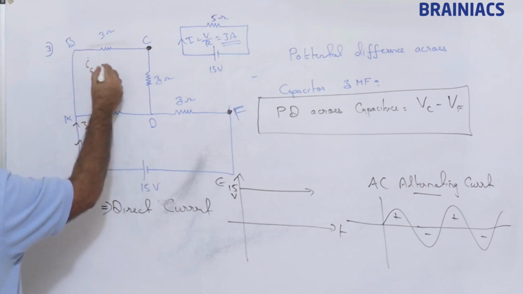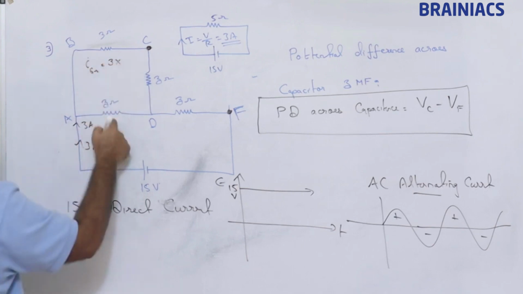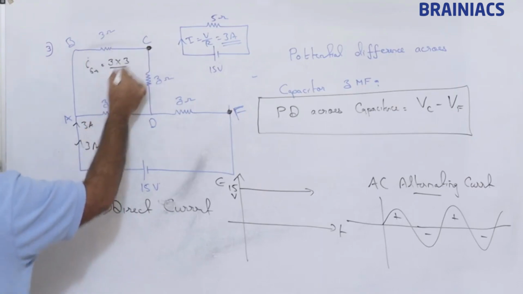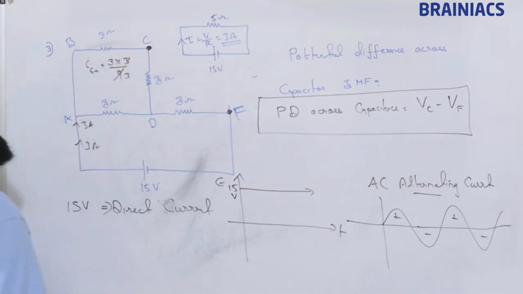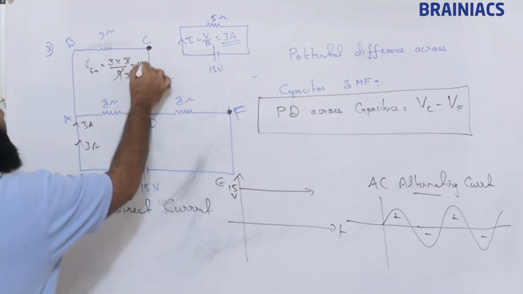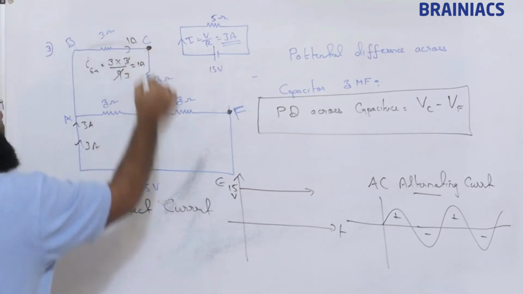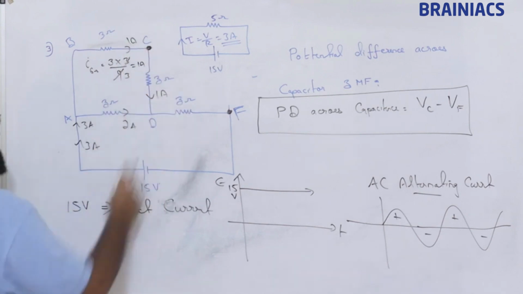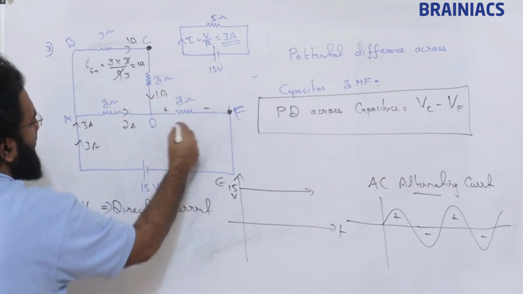I through 6 ohm is nothing but 3 ampere into this 3 ohm divided by 6 plus 3, that is 9. If we cancel, we will be getting 1 ampere. So 1 ampere will be flowing through this and the remaining 2 ampere through this. Here again 3 ampere will be flowing.